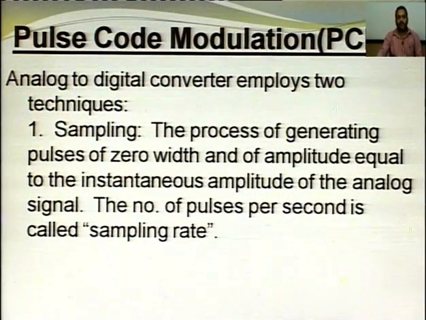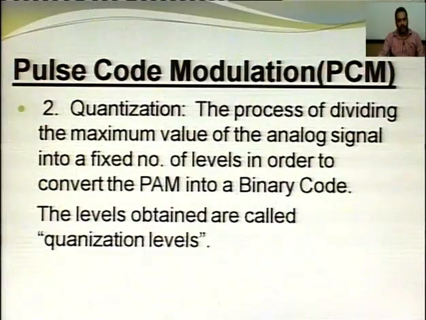So, this is just a block diagram of 3 important sections. Let us discuss these 3 techniques one by one. First, sampling. Sampling is the process of generating pulses of 0 bits and of amplitude equal to the instantaneous amplitudes of analog signals. Means the samples are generated, and the number of pulses per second is called sampling rate, that is Fs, we discussed this already. In case of pulse code modulation, sampling is done first, then quantizing.